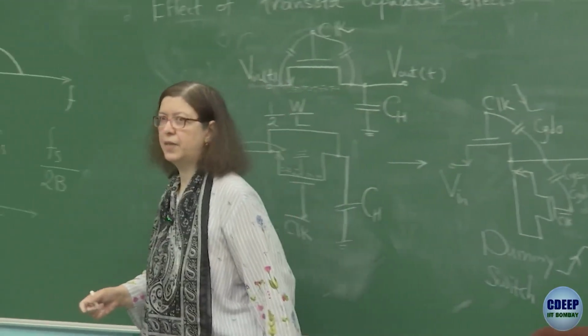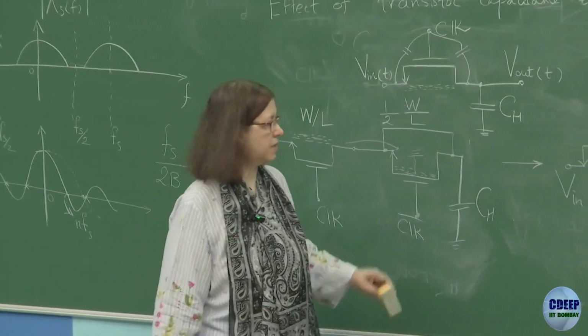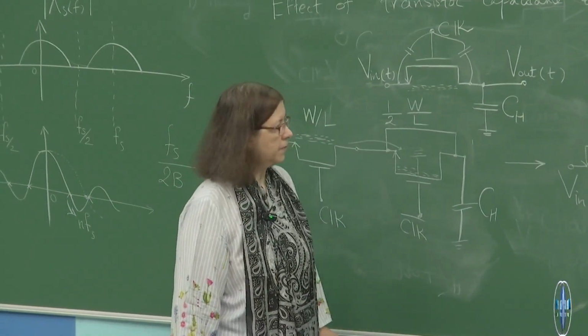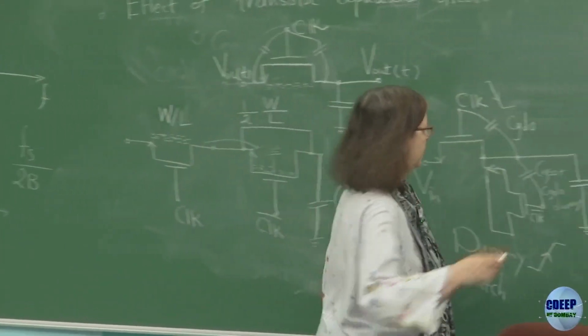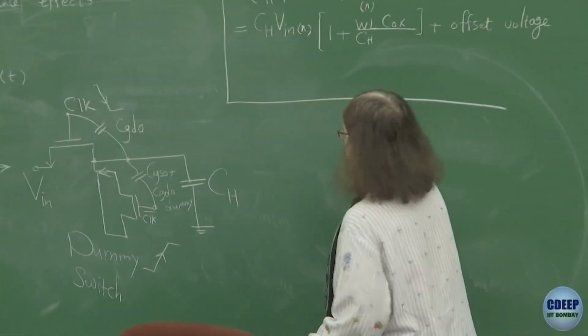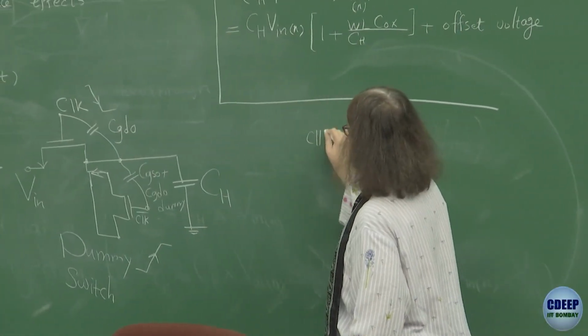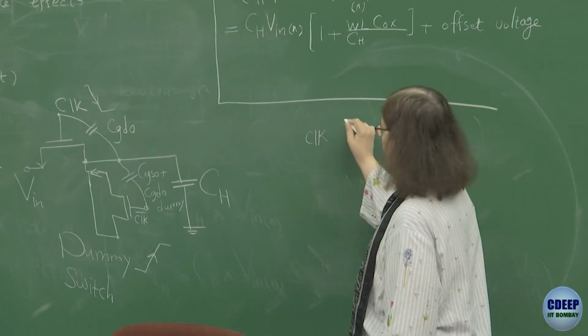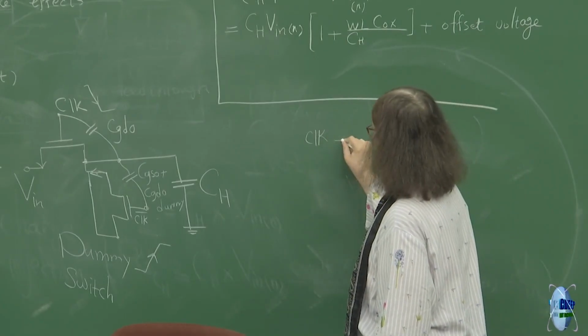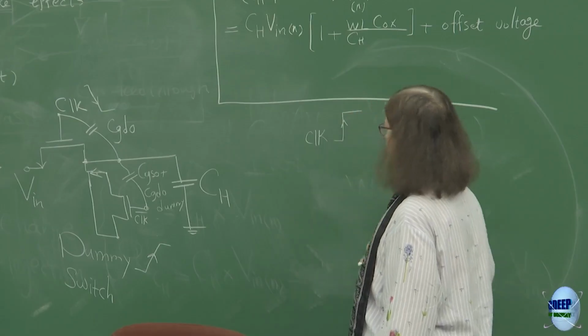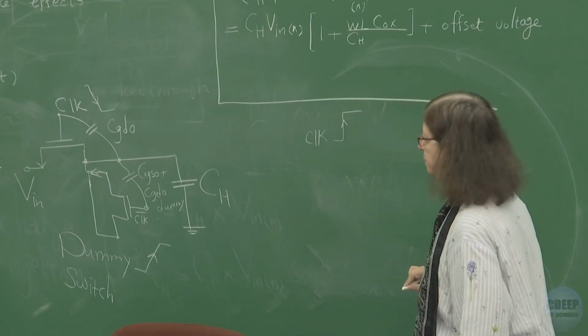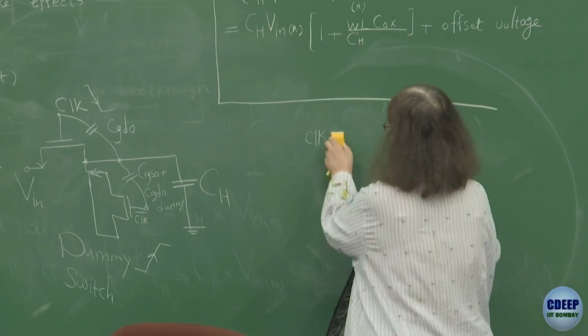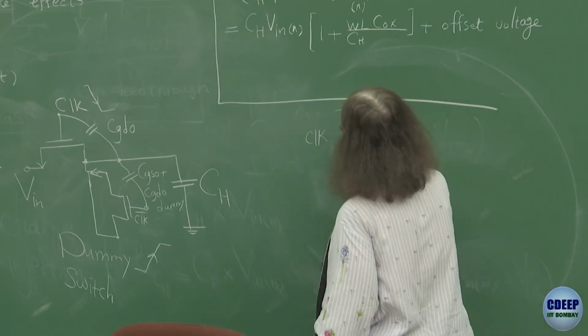Because we didn't have that dummy transistor when we discussed. To simplify, the circuit will be something like that. If you go with the same sharp edge, and we were worried about the case, sorry, the clock. Actually, both of them.